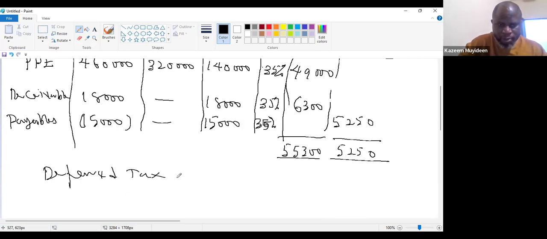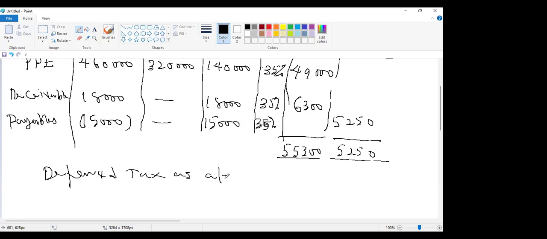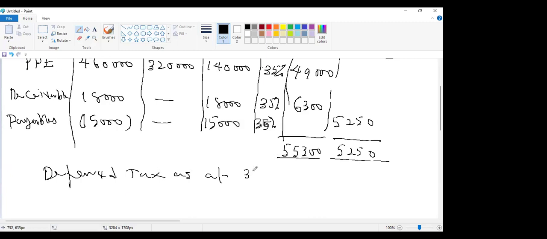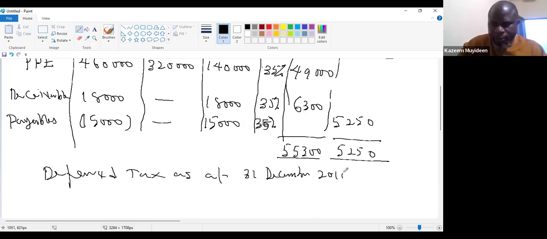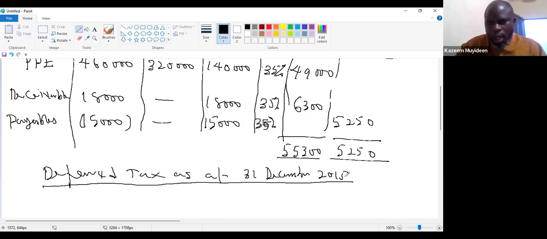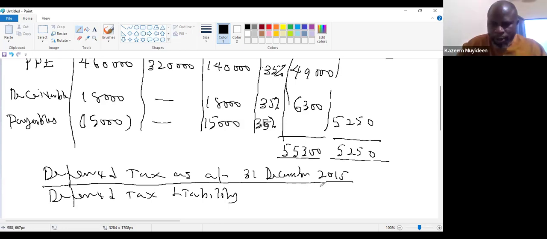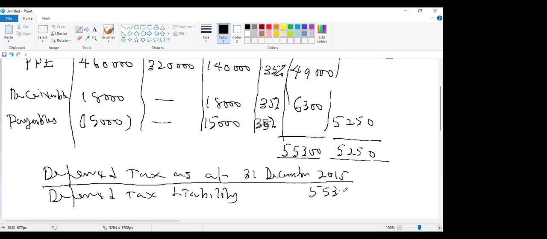Then I'll state my deferred tax at the end. Deferred tax liability as at 31st December 2015, which is 55,300.